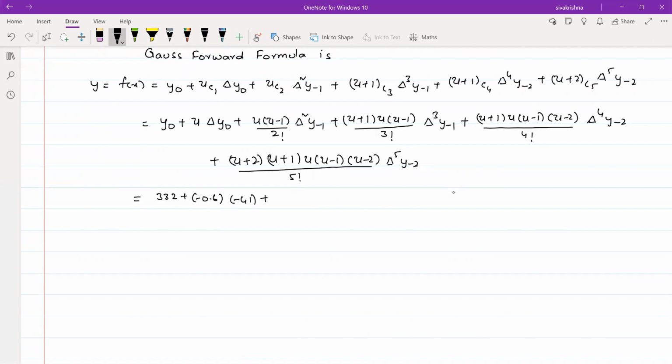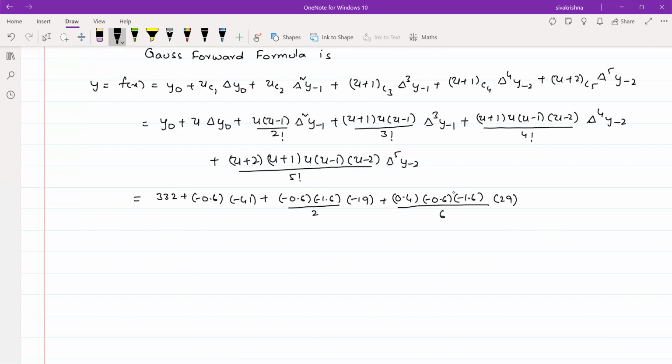Next, u is minus 0.6 into (u minus 1) means minus 1.6 by 2 factorial means 2 into delta square y sub x minus 1, that is minus 19. Next, u plus 1 means 0.4 into minus 0.6 into minus 1.6 by 3 factorial, which is 6, into delta cube y sub x minus 1, that is 29.